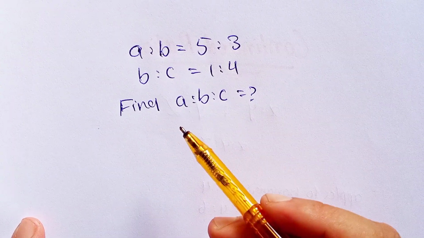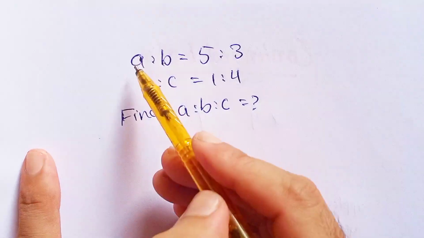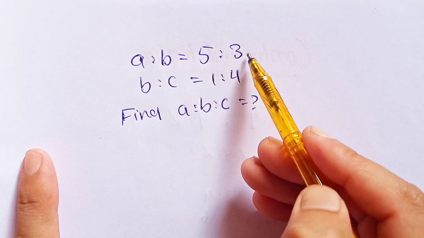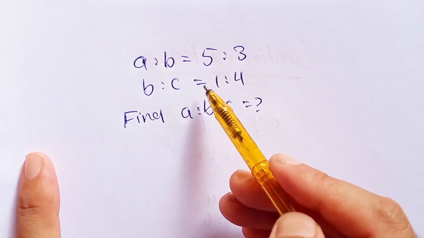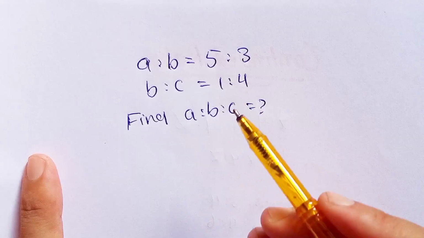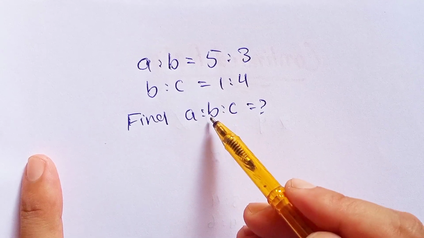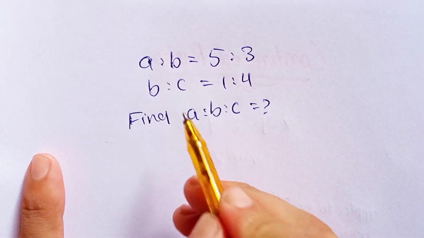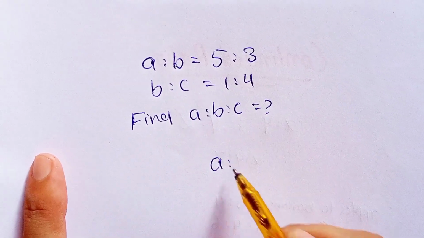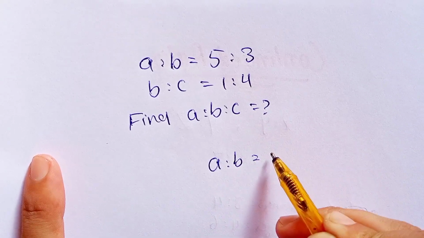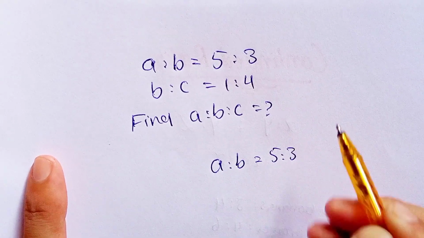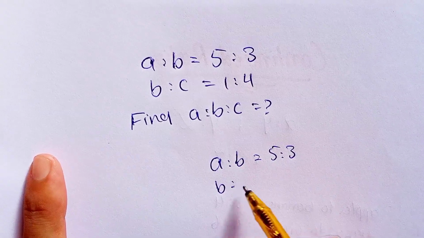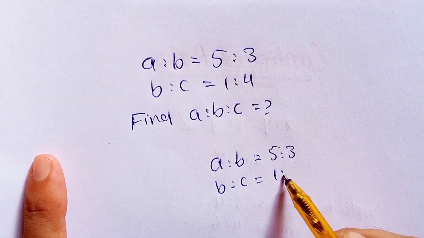Now here is another question in which we are given A:B equal to 5:3 and B:C equal to 1:4. We have to find A:B:C. We can write this expression as A:B equal to 5:3 and B:C equal to 1:4.